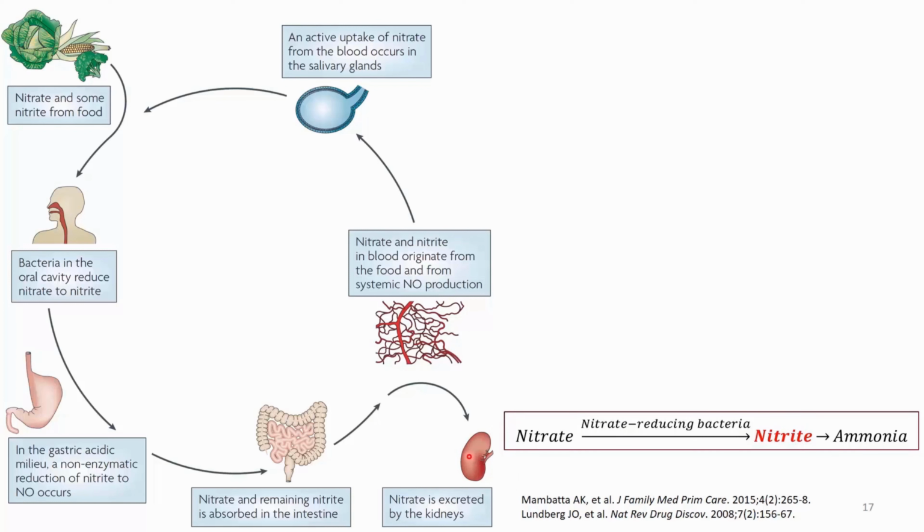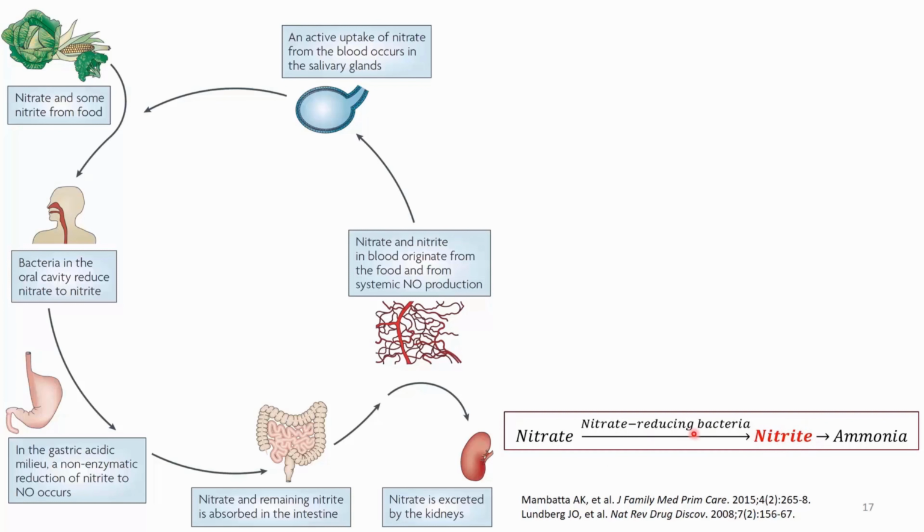And what we check on urinalysis is nitrite. Because you are only supposed to have nitrate in the urine and not nitrite, and you're not really supposed to have bacteria in the urine, if you do find nitrite in the urine, that could suggest that there are nitrate-reducing bacteria in the urine that are converting the nitrate, which is supposed to be there, into nitrite. So that's why we check for nitrite.